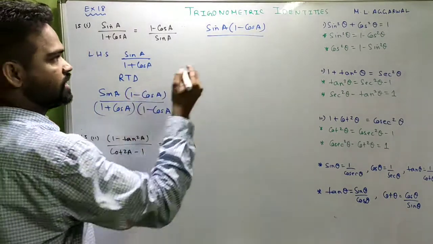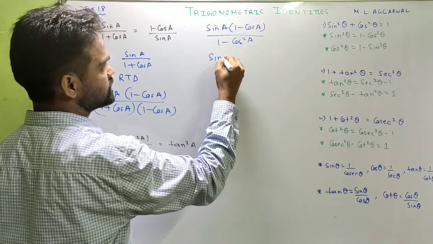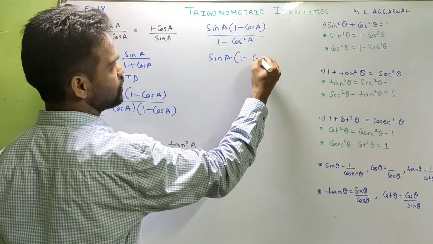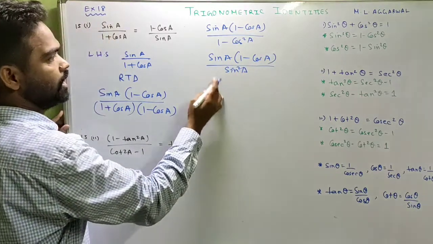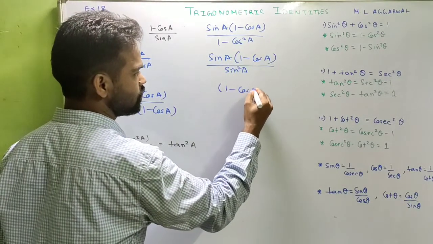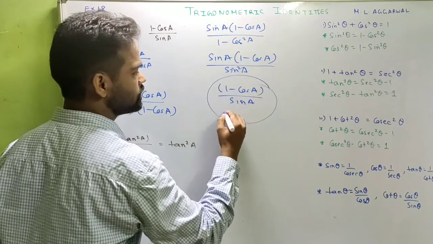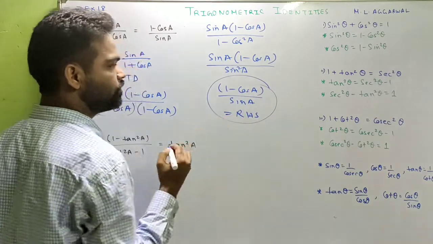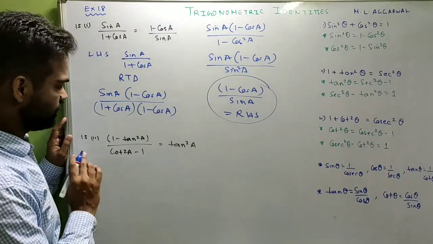A plus B, A minus B, that's A square minus B square, isn't it? So that's sine A 1 minus cos A by sine square A. Now, sine A by sine square A, which means it will be 1 minus cos A, and sine A will be left in the denominator. This is equal to RHS. Proved. Done.